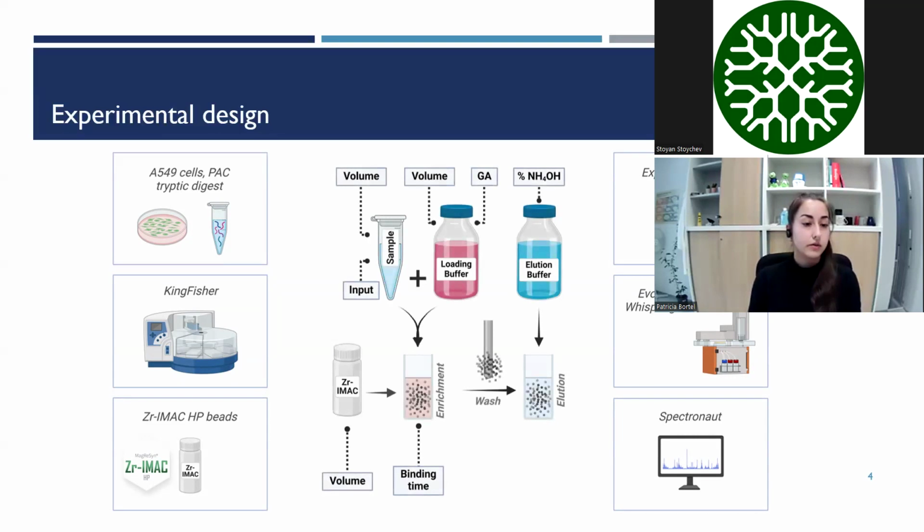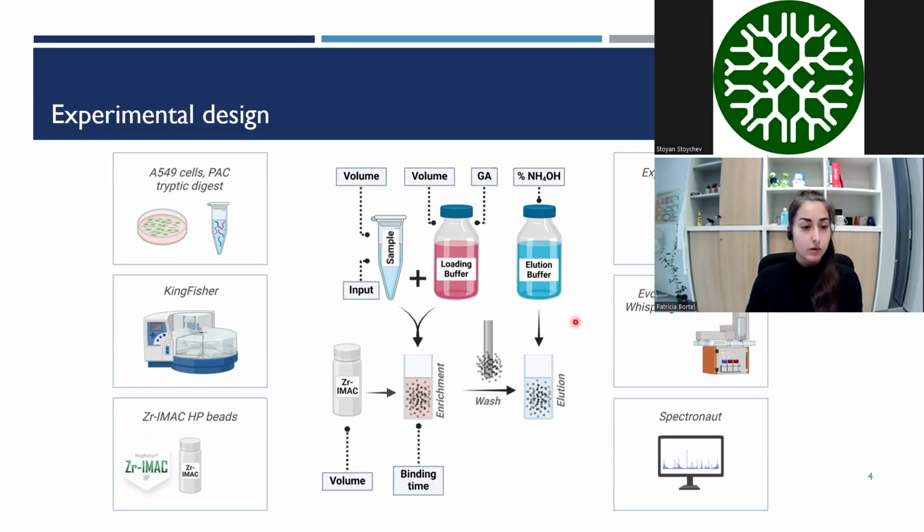So here you can see an overview of the phosphopeptide enrichment workflow itself. You basically start by choosing your sample with your desired peptide input amount. You mix your sample with your loading buffer, and afterwards you incubate this mixture with your beads. And after several washing steps, you elute the phosphopeptides from the beads with an elution buffer.